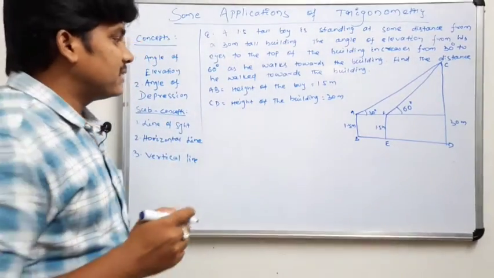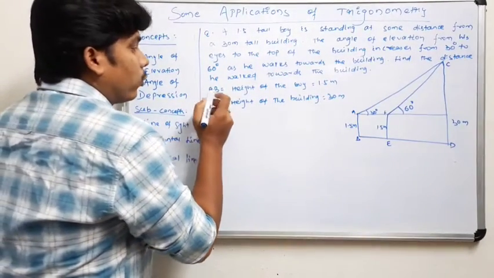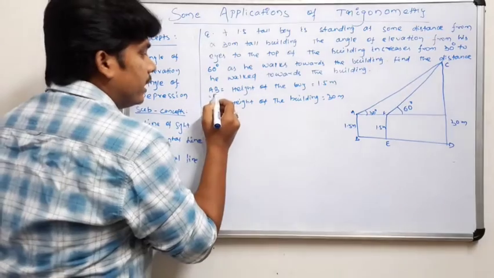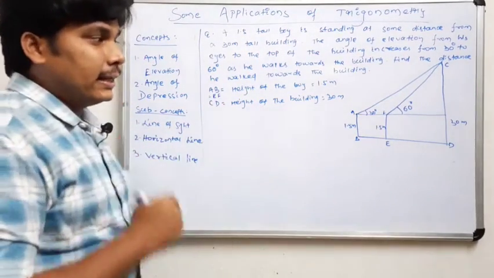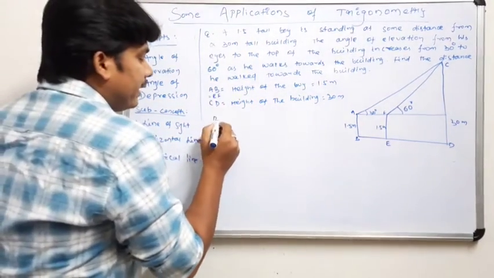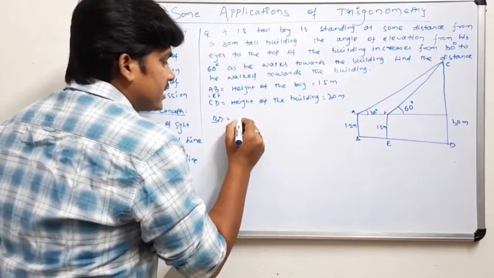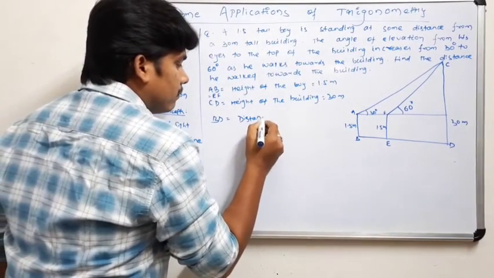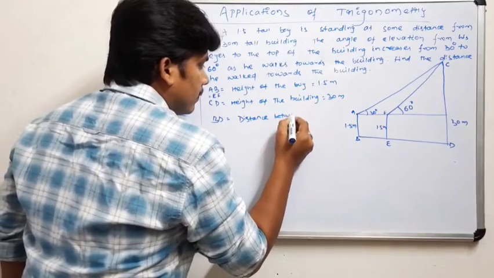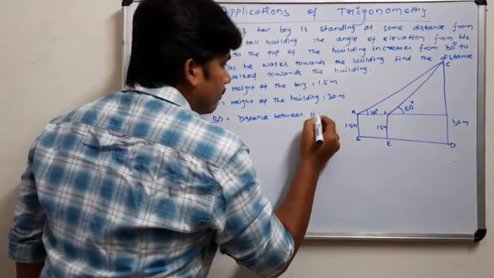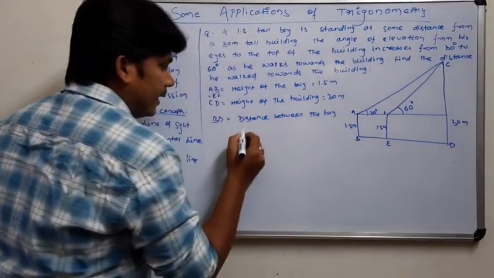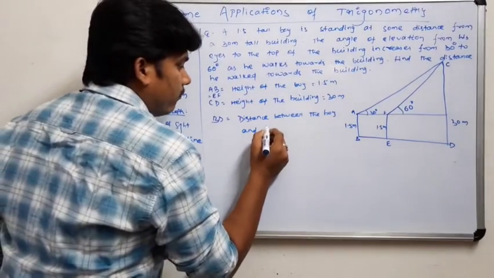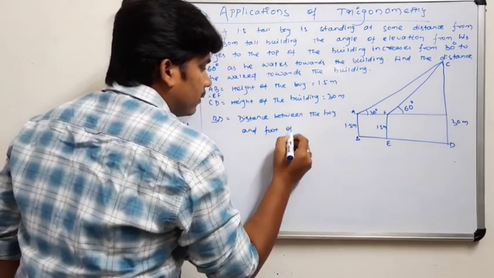Now I will name AB equal to EF also here, and secondly I will name BD equal to the distance between the boy and the foot of the building.